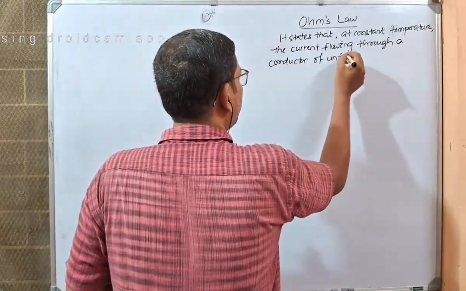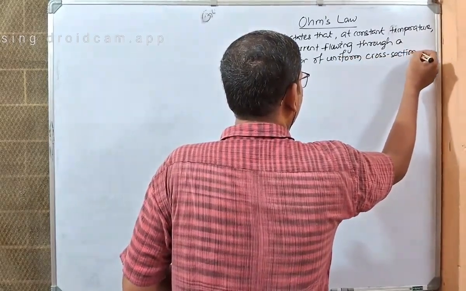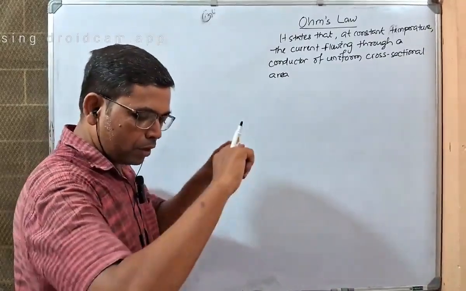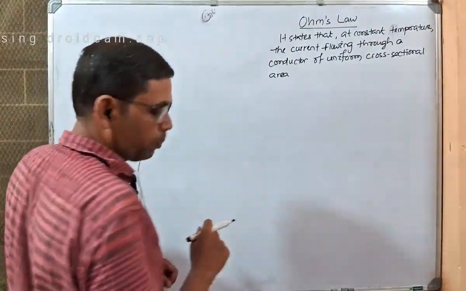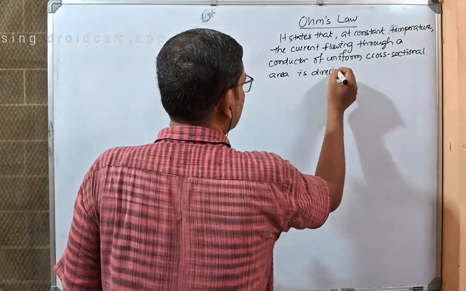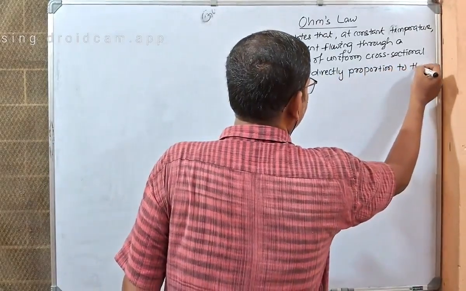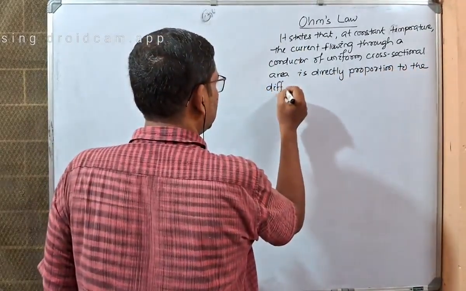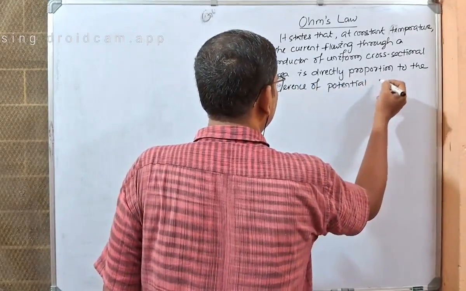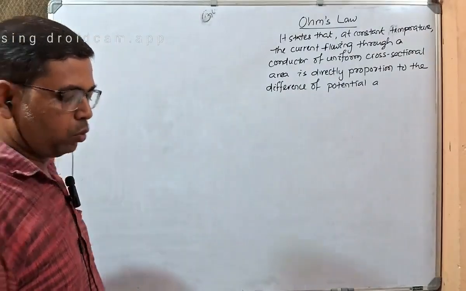of uniform cross-sectional area is directly proportional to the difference of potential applied, or you can write across the two ends of the conductor.